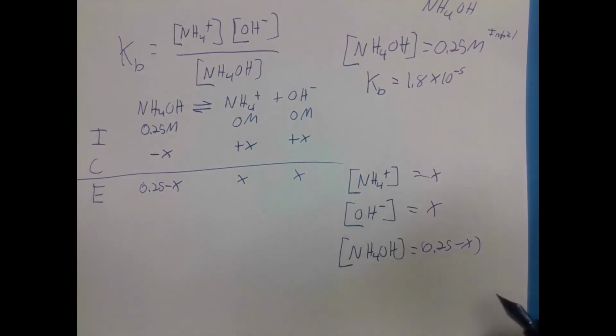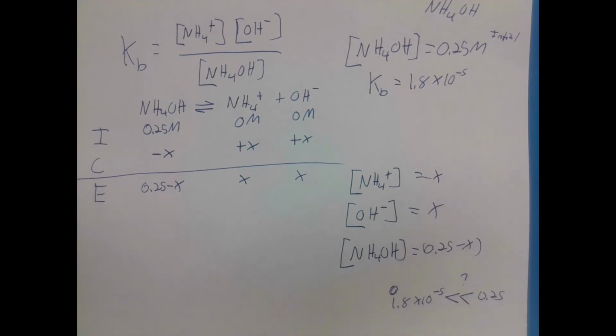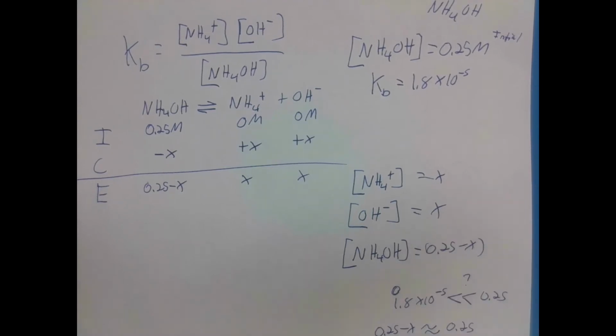And you can approximate by asking yourself, is 1.8 times 10 to the negative 5 significantly less than 0.25? This is 4 orders of magnitude, which means 0.25 minus X is approximately equal to 0.25.